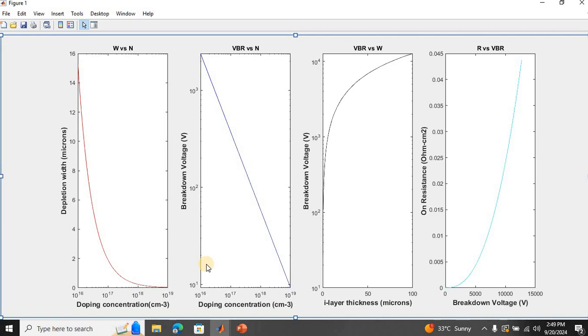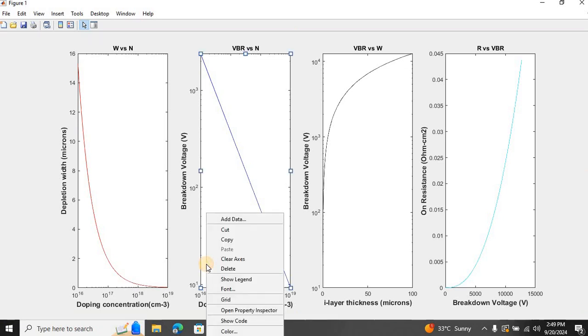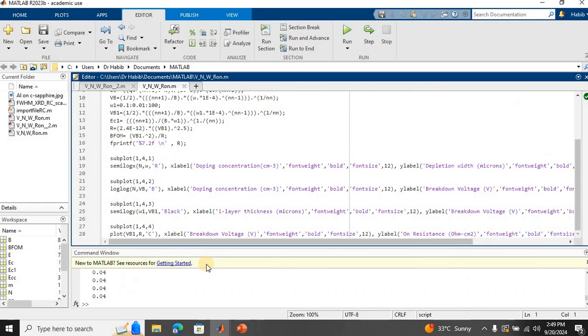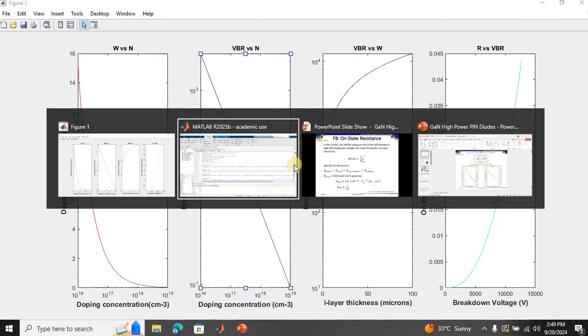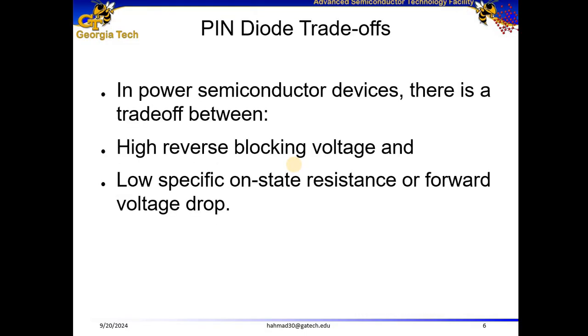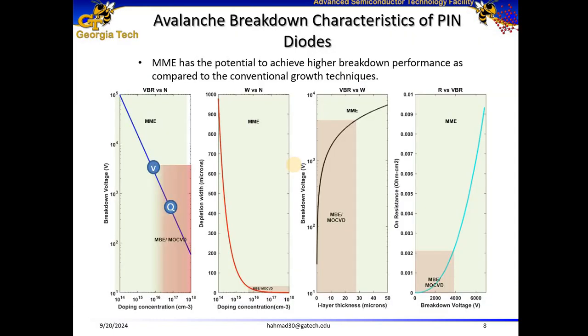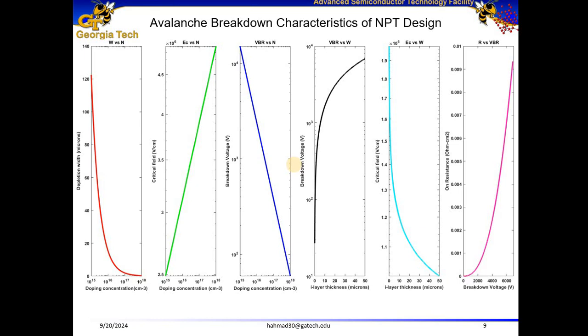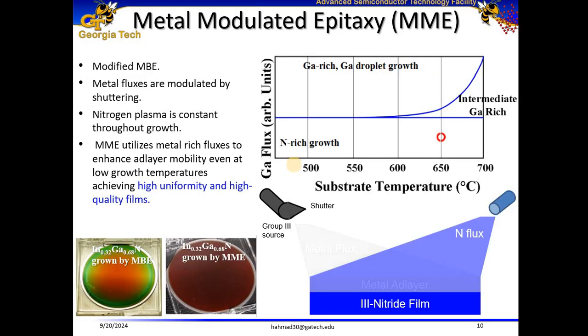Similarly, breakdown voltage plotted versus I layer thickness, and breakdown voltage plotted versus, and on resistance plotted versus the breakdown voltage. You can see some results over here as well, and you can see I plotted 6 different figures, individual parameters over here as well. So you can have a combination of subplots depending on what you want in terms of the results that you want to plot or present.